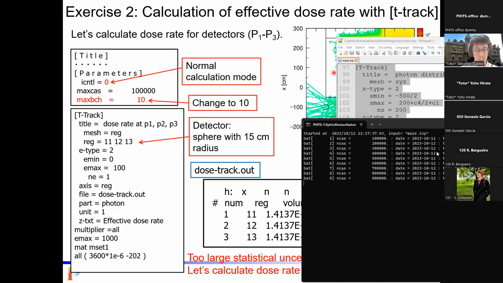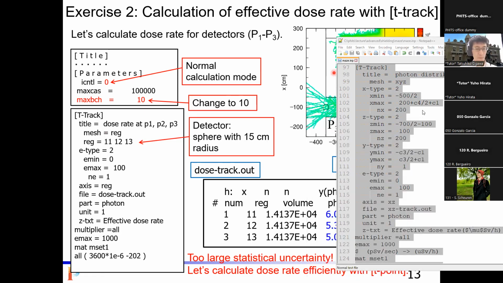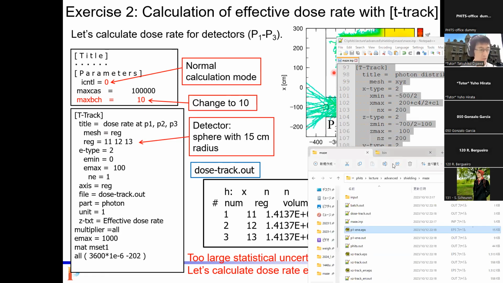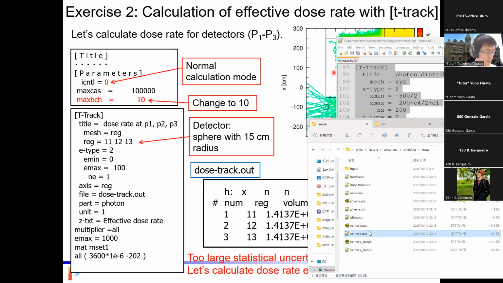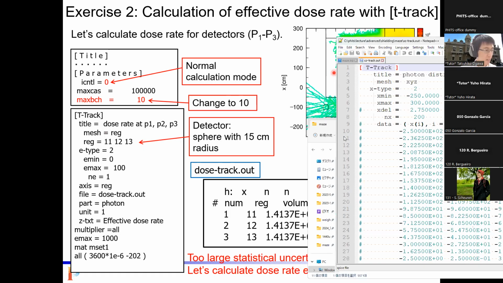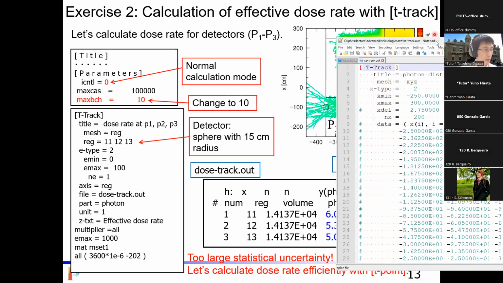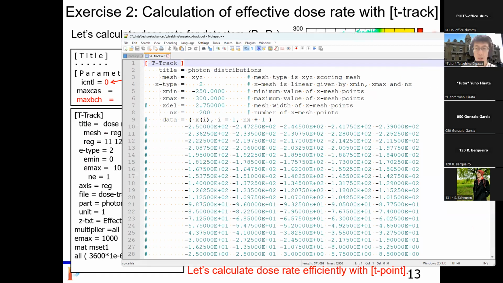Despite this long CPU time, what we get is very poor statistics. Let's see. XZ track, xztrack.out. This is the output of ttrack.